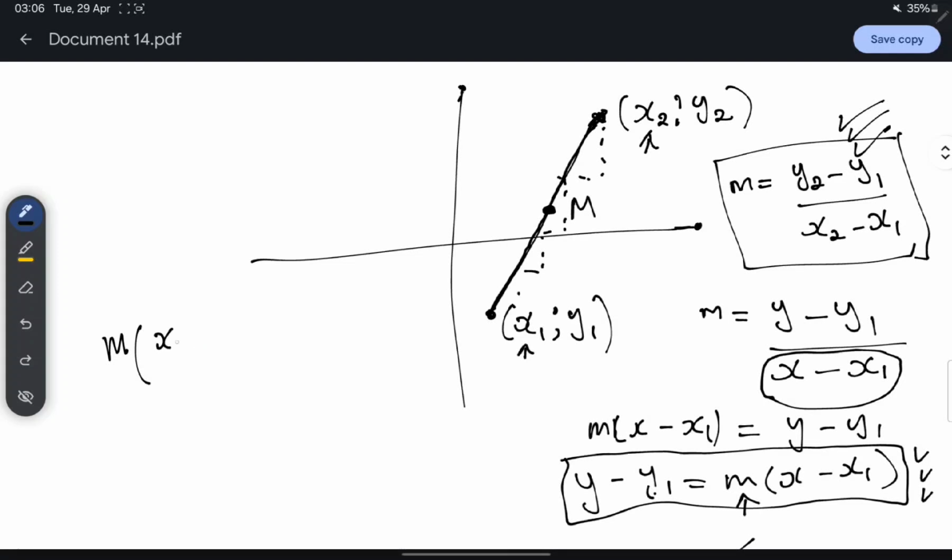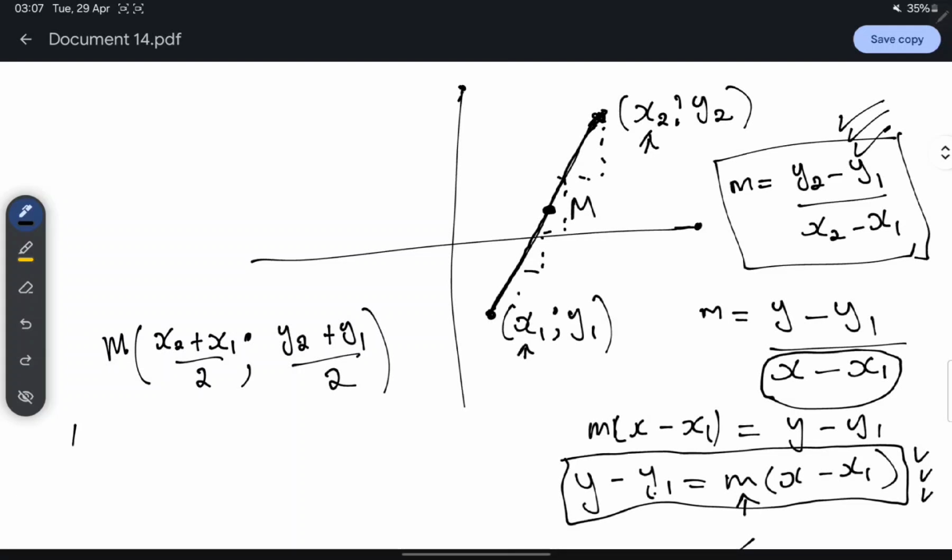So it will be x2 plus x1 over 2, comma, y2 plus y1 over 2. So I will get a coordinate here, and that coordinate is the coordinate of m.